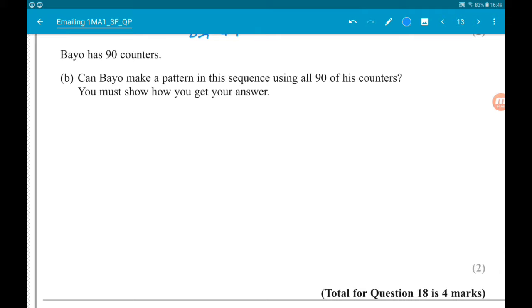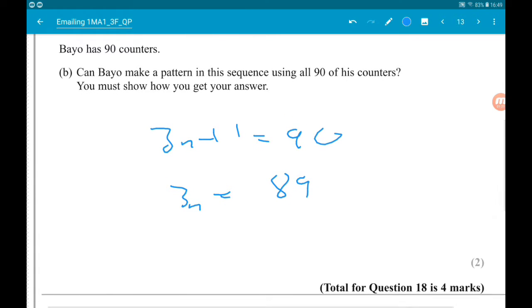So, if we set 3n add 1 equal to 90, subtract 1, 3n equals 89, and then if we try to divide by 3, we would get n is 29.6 recurring, which isn't a whole number, so no. He cannot.